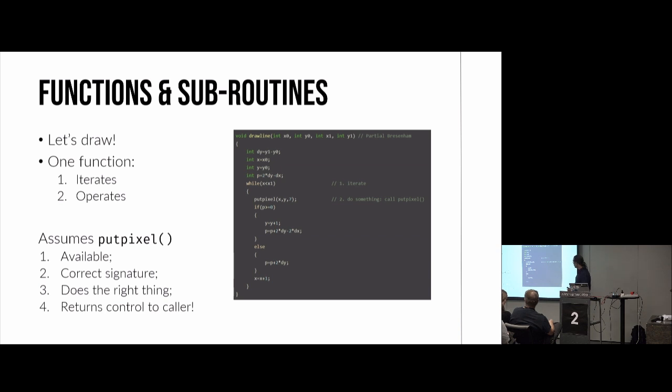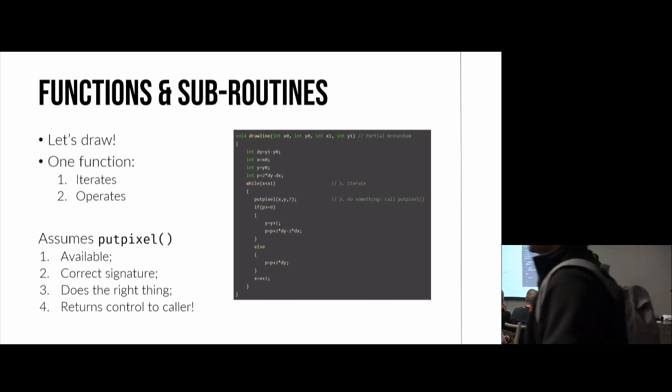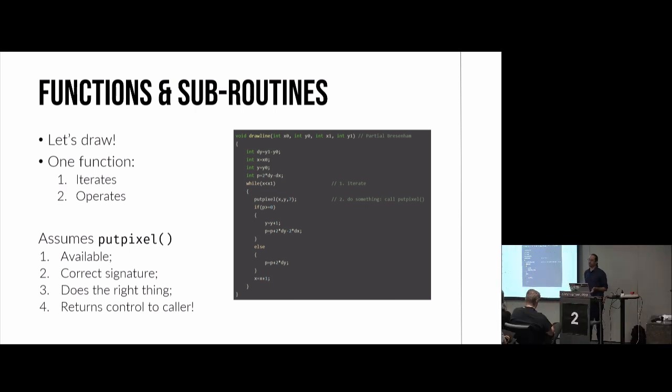Now, by calling this function putPixel, we're actually making some very significant assumptions about this function. First of all, we're assuming that it exists and that the compiler can find it and the linker will link it, right? So we're assuming that it's available. We're assuming we're calling it correctly with the correct signature.